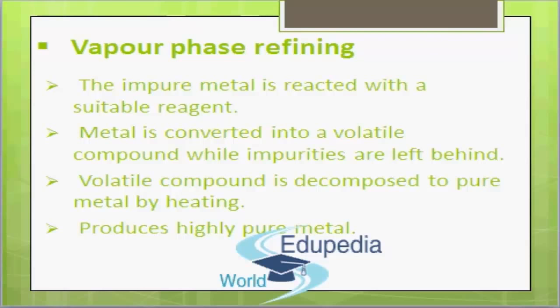The volatile compound is decomposed to pure metal by heating. This method also produces highly pure metal.